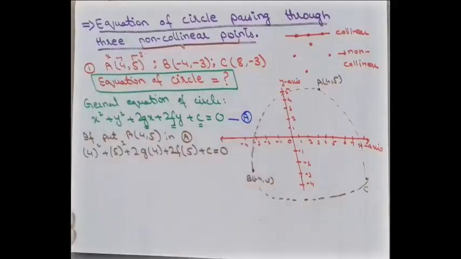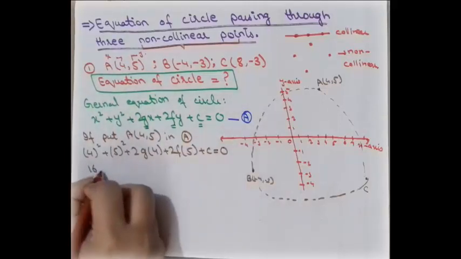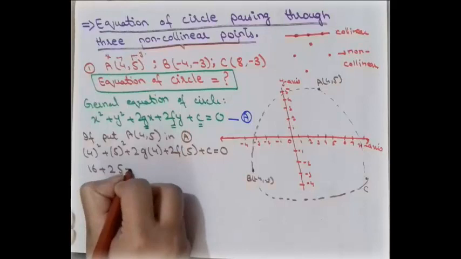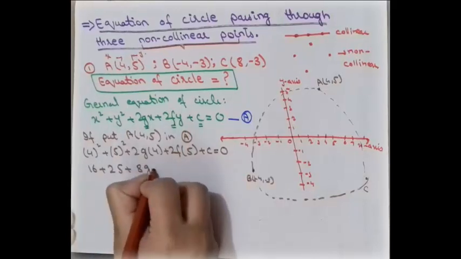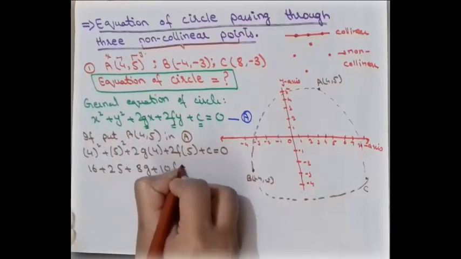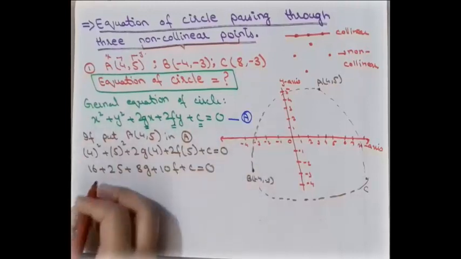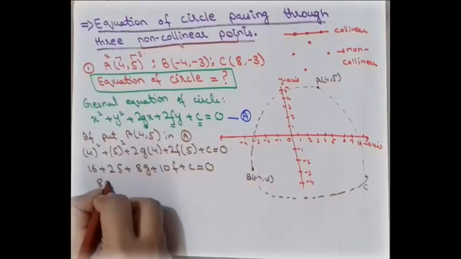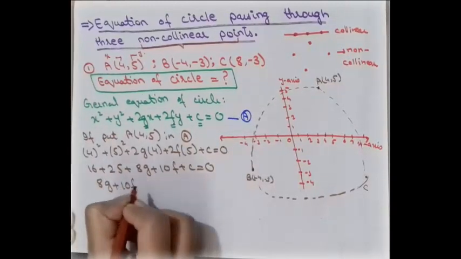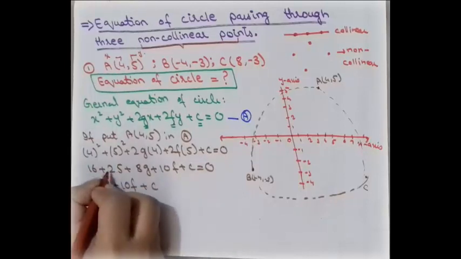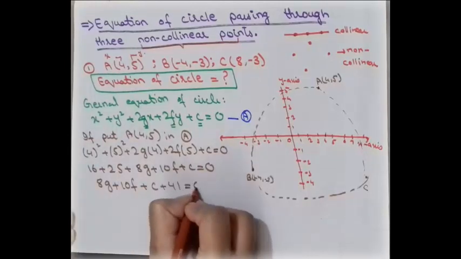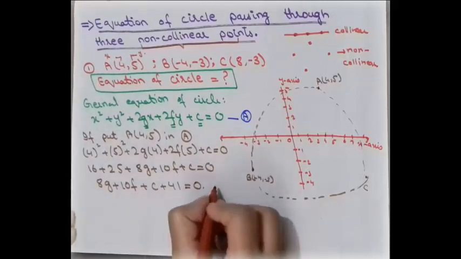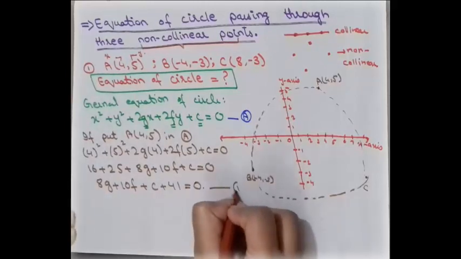Now to solve this, it will be 16 plus 25 plus 8g plus 10f plus c equals 0. So we write it as 8g plus 10f plus c, and adding these two numbers gives 41, equals 0. Say this is equation 1.